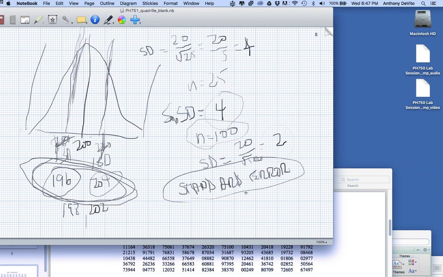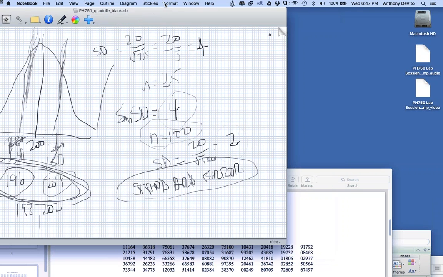In order to know the standard error, we have to know the standard deviation of the population and the sample size. It gives us an idea of the range of values I would get for those means if I were to repeatedly randomly sample a population. Okay, so let's apply this a little bit more.